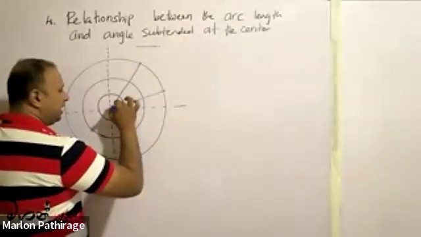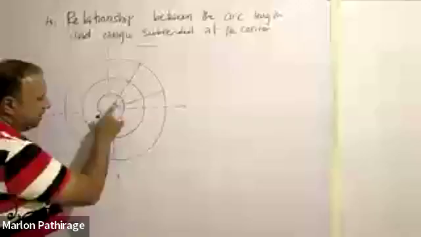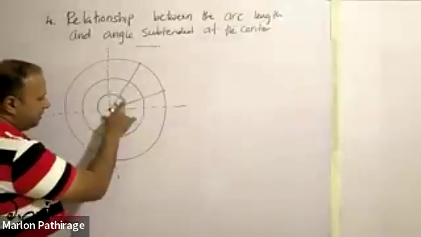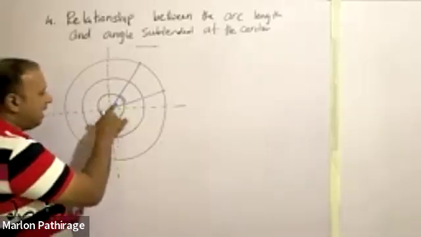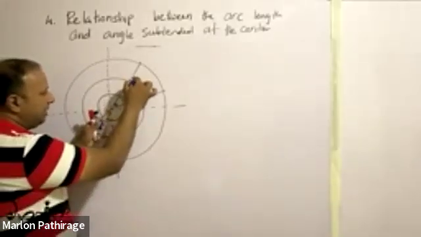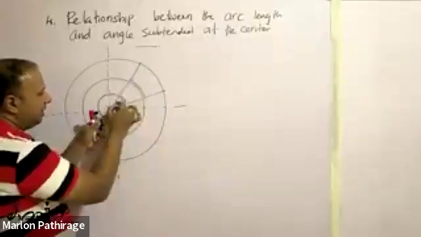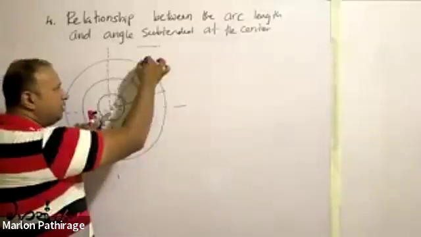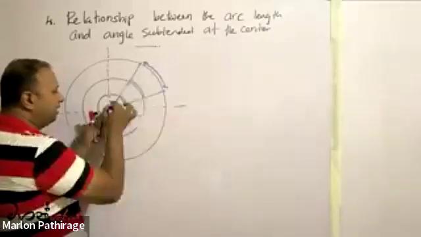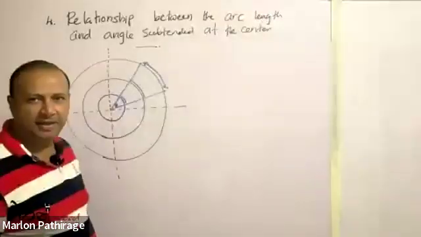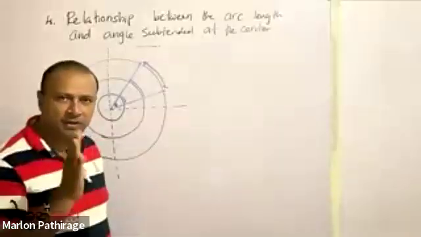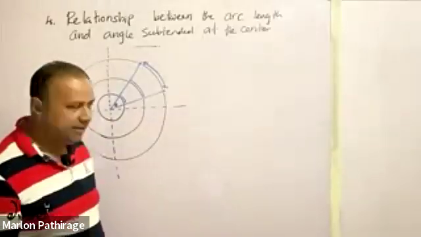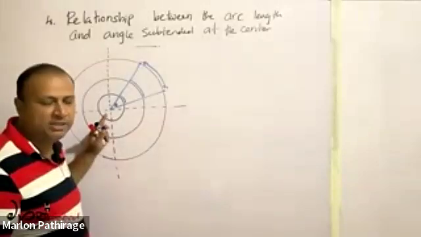If you take this angle, this angle is equal to the subtended angle by this arc length and by this arc length at the center. And this angle is equal to the subtended angle by this arc length at the center. And as well as this angle is equal to the subtended angle by this arc length at the center. Therefore, although the radius of the circle varies, the subtended angle does not vary.